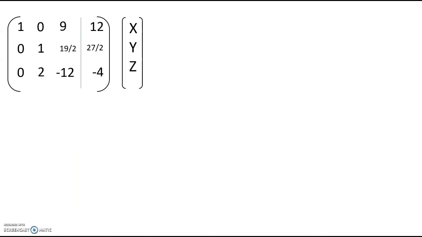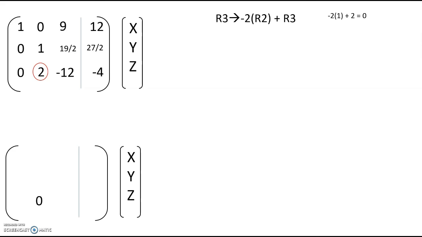So now I need to change the third row of column 2 into 0. So I'm going to multiply negative 2 with row 2 and then add with row 3. So negative 2 times 1 and then plus 2 is equals to 0. Write down there. Same thing goes for the whole row.